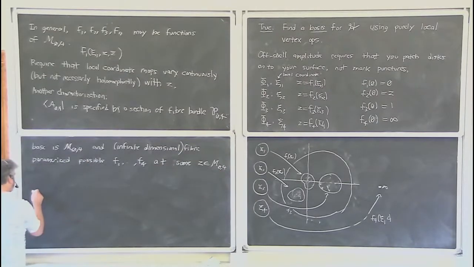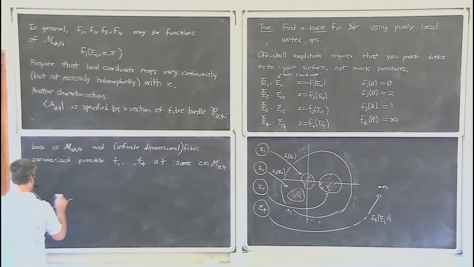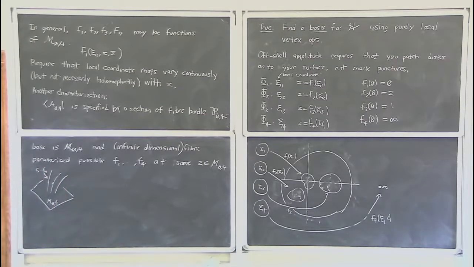So we can draw a picture. We have some fiber bundle whose base is the moduli space of the four-punctured sphere, and whose fibers parameterize the possible choices of our local coordinate maps. Is this clear?